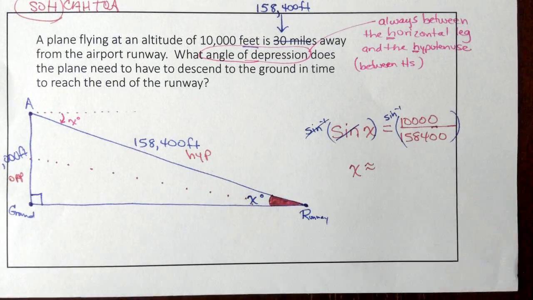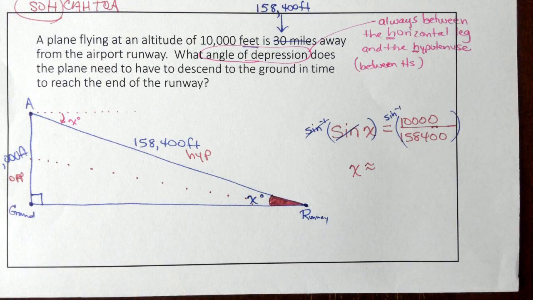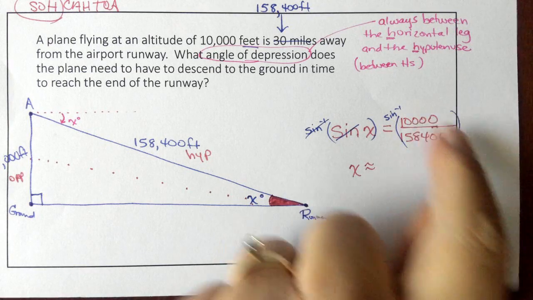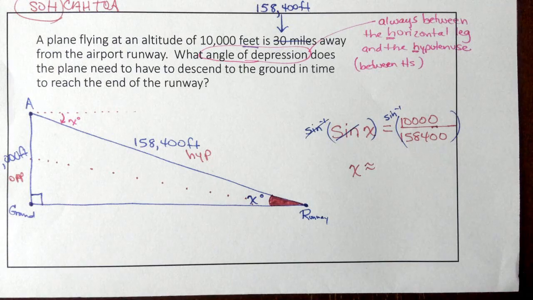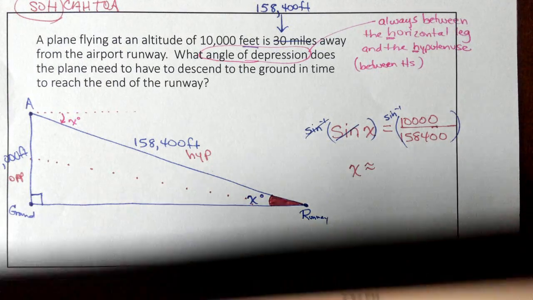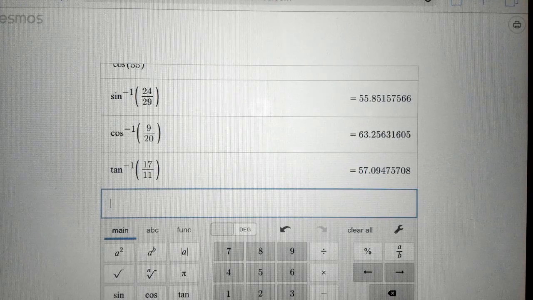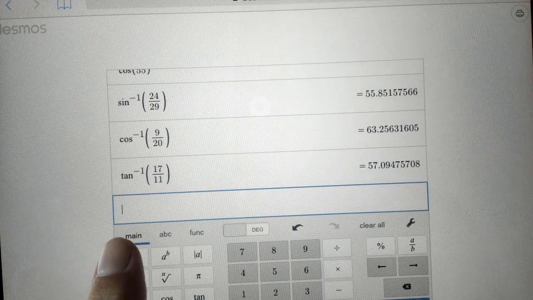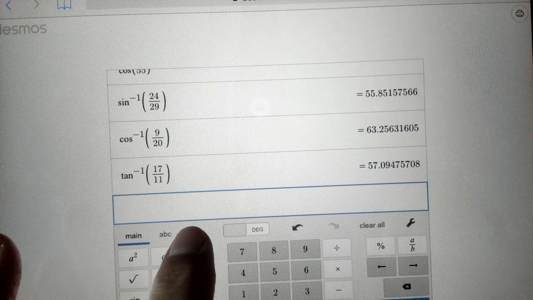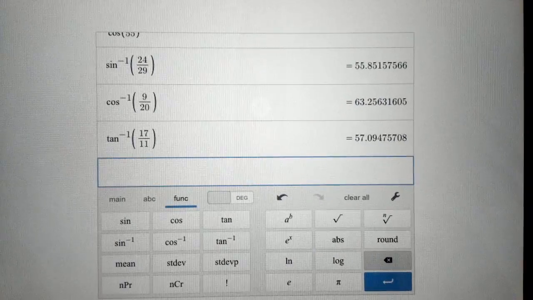On the right side, we have some calculator work to do. Now, if you're really clever, you might cancel those two trailing zeros in the top and the bottom and have less things to type in the calculator. But just in case you don't do that, we'll just type it in whole. So we need to go to our functions, or the trig key if you're on your handheld.